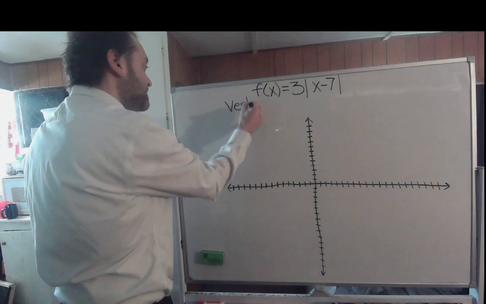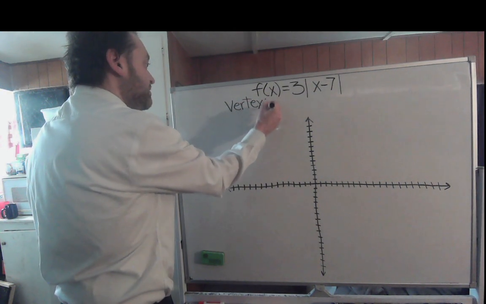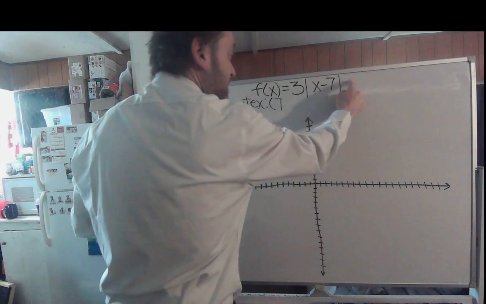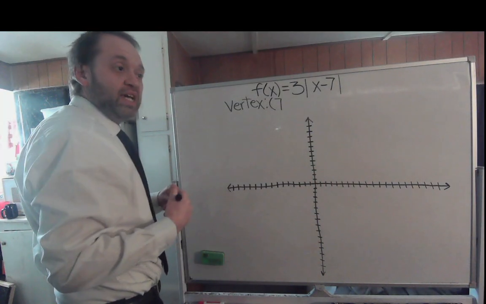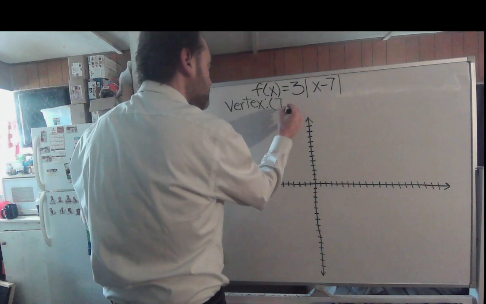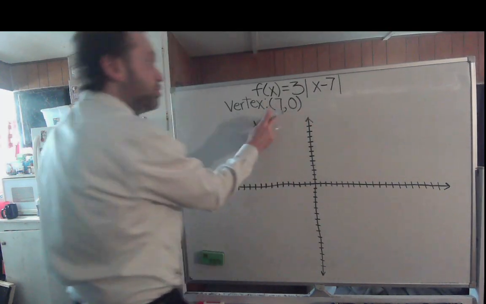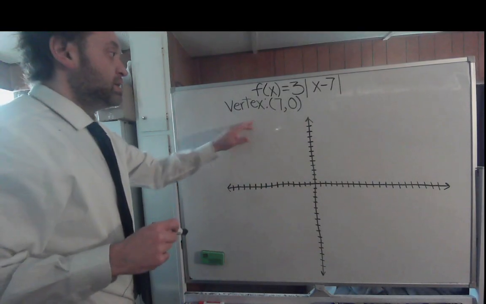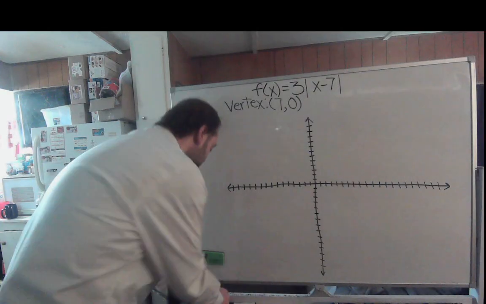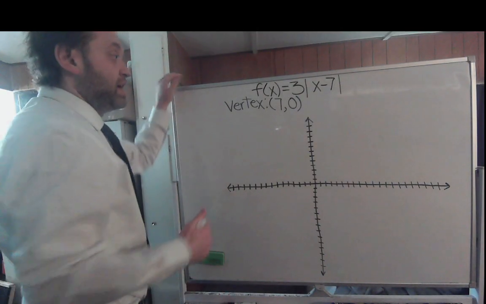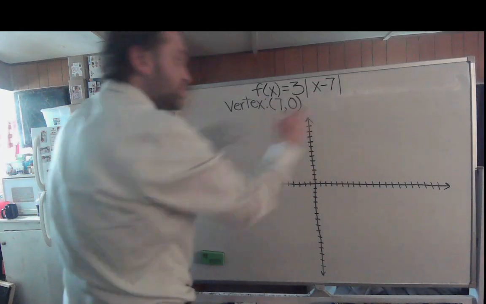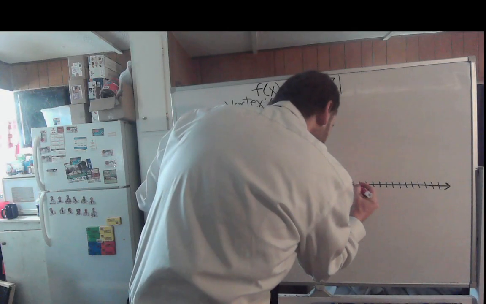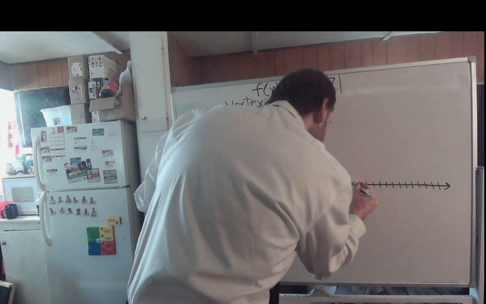So the vertex has an x coordinate of 7, and then you see nothing added to it, which means your k is at 0. So literally my vertex would be at the point 7, 0, since I have no k value. It'll shift everything over to the right 7 units. So let's find 7, 0. There's my vertex at the point 7, 0.